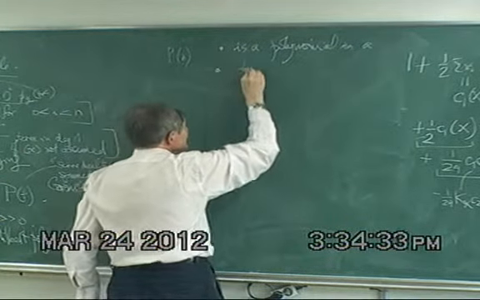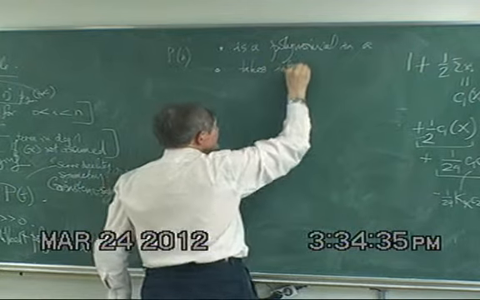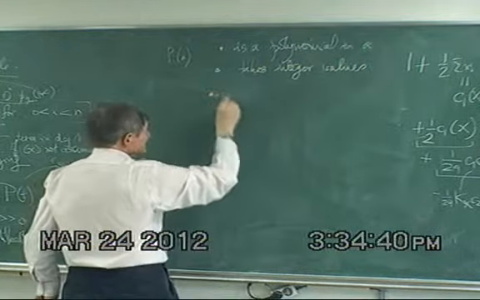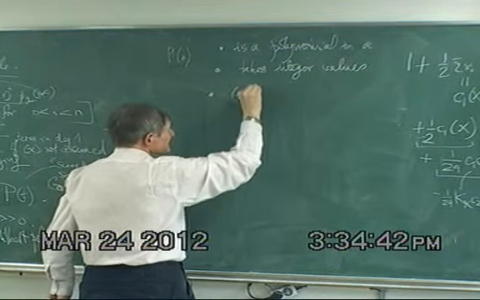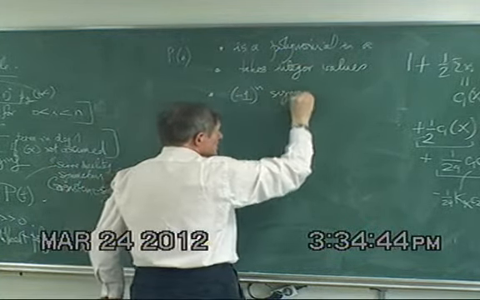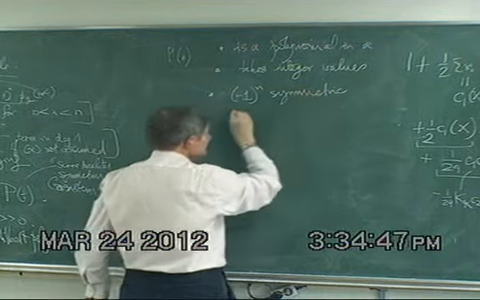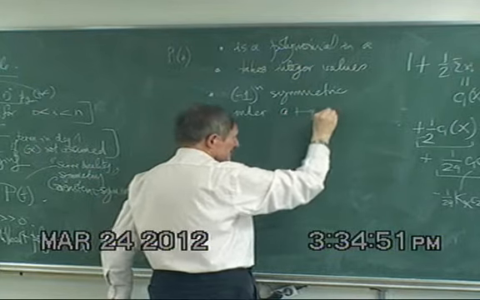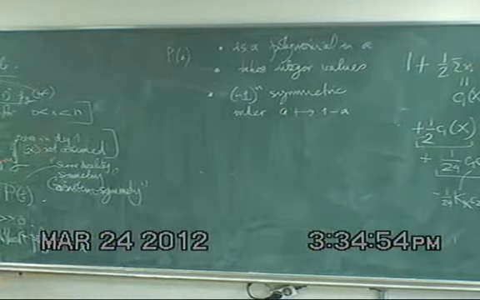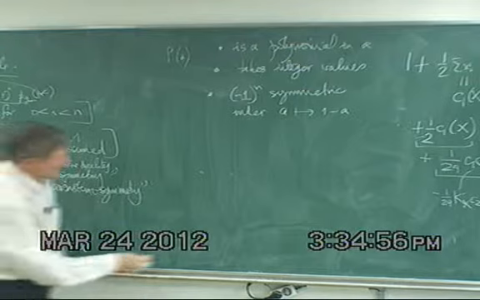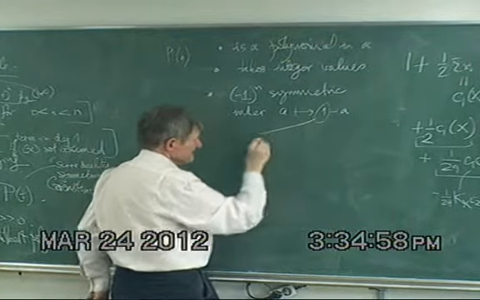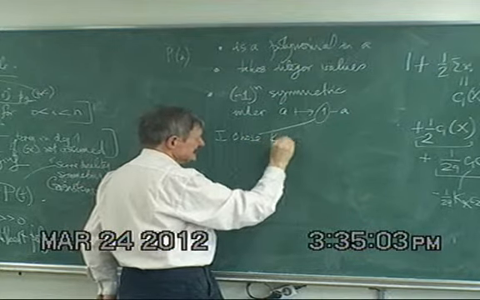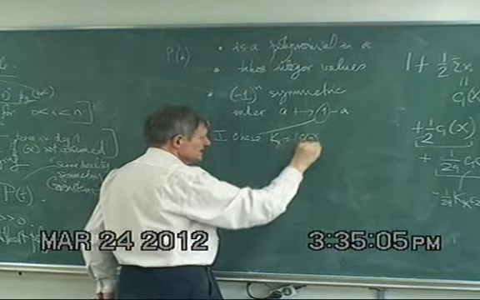It takes integer values, and it's minus 1 to the n symmetric under A maps to 1 minus A. Right, and the 1 that's appearing here is because I chose canonical class of X equals O of 1.